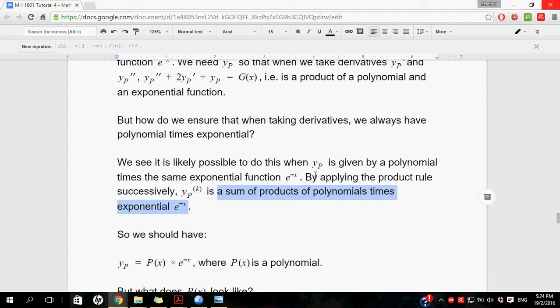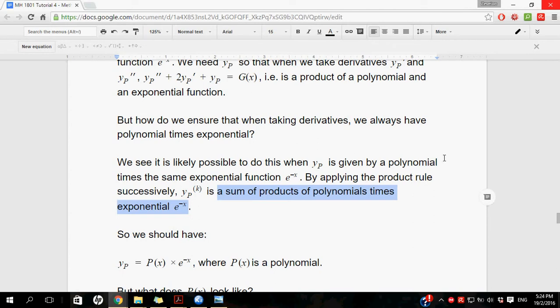Remember that when we take derivatives using the product rule, we will always multiply the derivative of one term, say u prime, times v, and then we will add to it the derivative v prime times u.